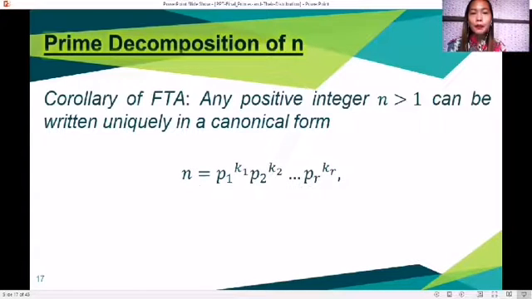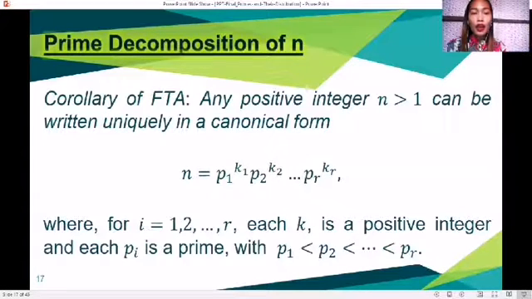n is equal to p sub 1 raised to the power of k sub 1 times p sub 2 raised to the power of k sub 2 up to p sub r raised to the power of k sub r, where i is equal to 1, 2, up to r.